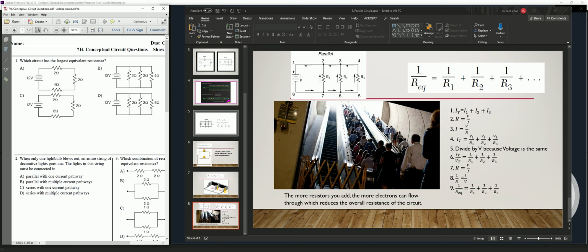And if you close down both of these escalators and everyone can only use this stairway, you've now bottlenecked the amount of electrons.